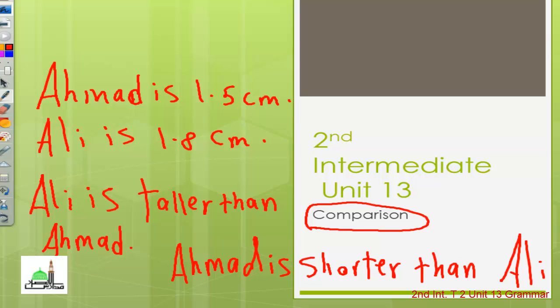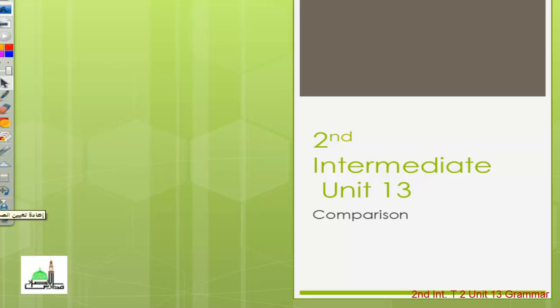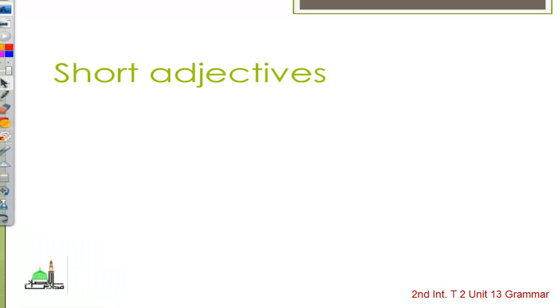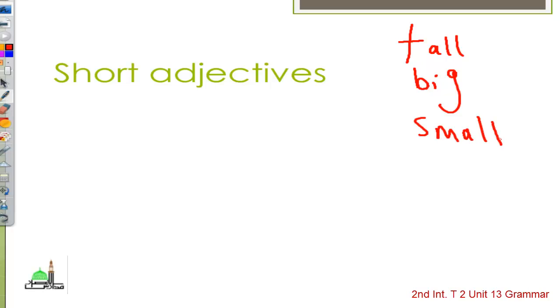To make comparison, we have short adjectives and long adjectives. Let's start with short adjectives. Short adjectives like what? Like tall, big, small, good, fat, and so on.